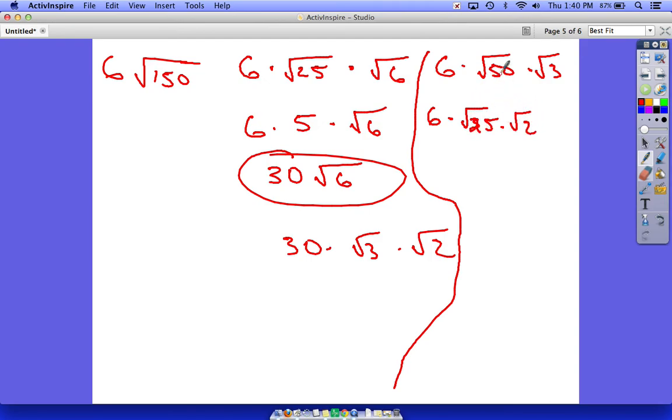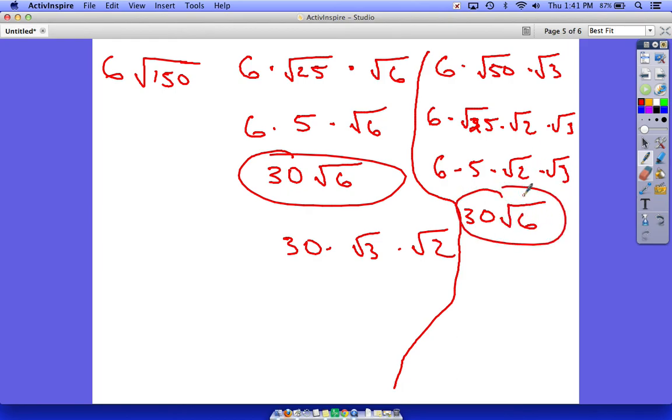That makes the square root of 50 times the square root of 3. Then this is a perfect square, so I could do 6 times 5 times the square root of 2 times the square root of 3. These I cannot do anything with, so my final answer is going to be 30 times the square root of 2 times 3, which is 6. That's as far as you can go with it.